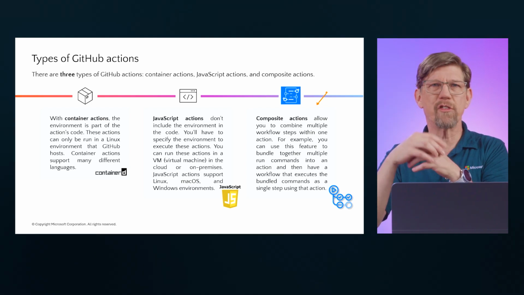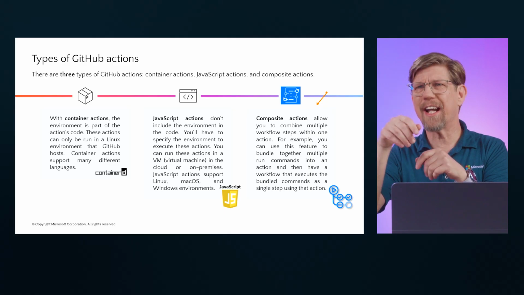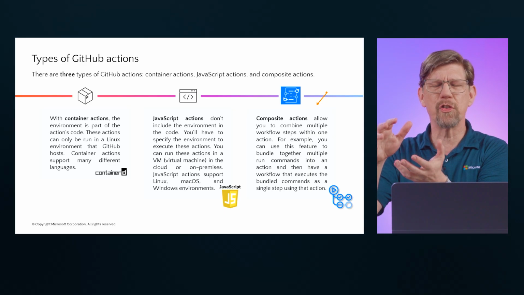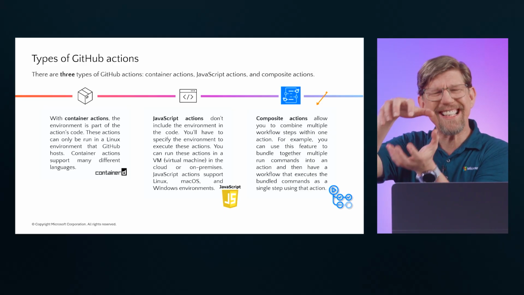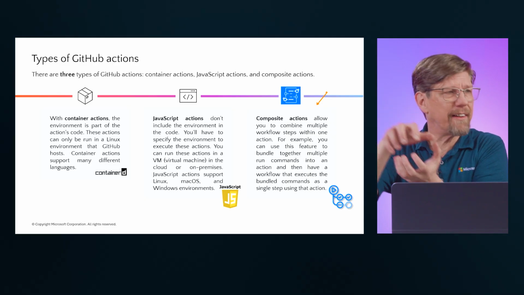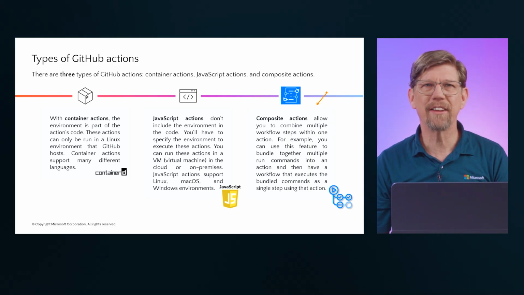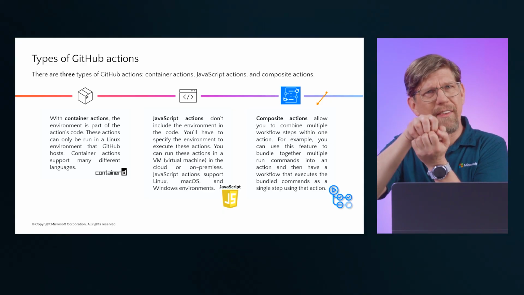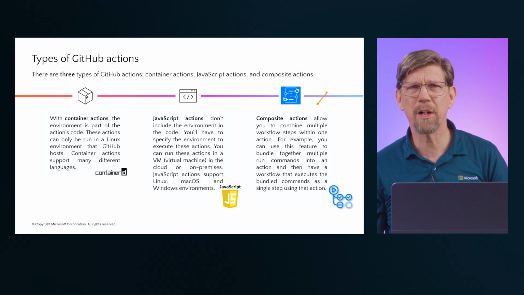Every time I do a decent build, I have to go and do a checkout. I might have to move a couple files around. I might then have to run a build tool. I just do these every single time, but I've already written it. Take that, and we can make that into a composite action. We don't really have to do a heck of a lot of work. We just extract that component. We've got it as a composite action.